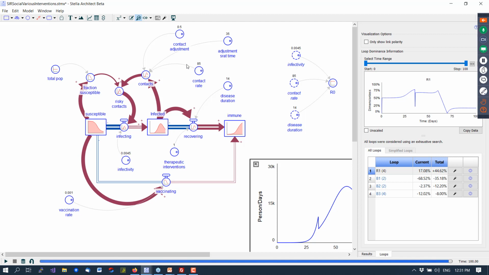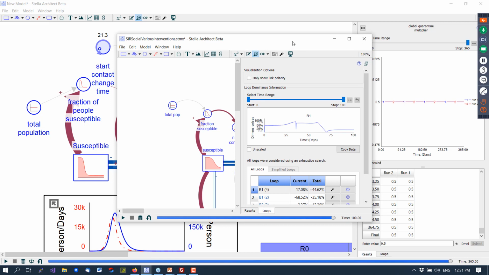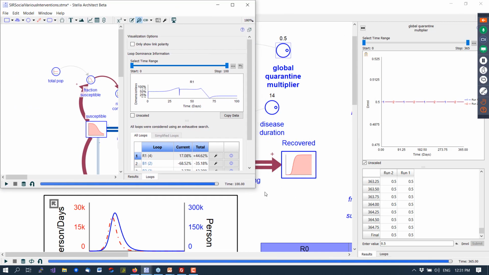Here we have an intervention, contact adjustment to 0.5 at time 35. We can see the contacts are going down. Just move things around a little bit for you.